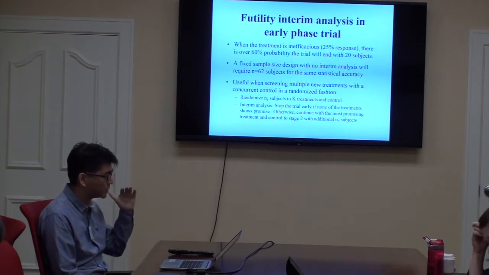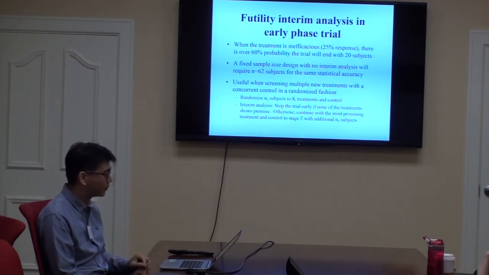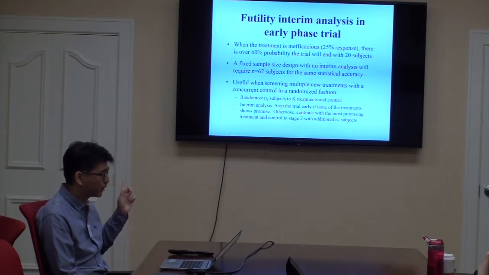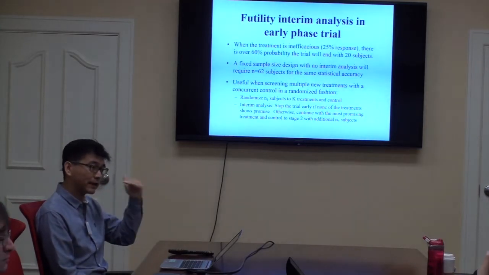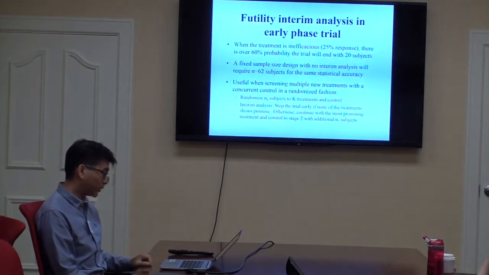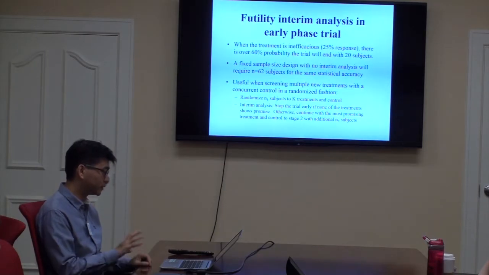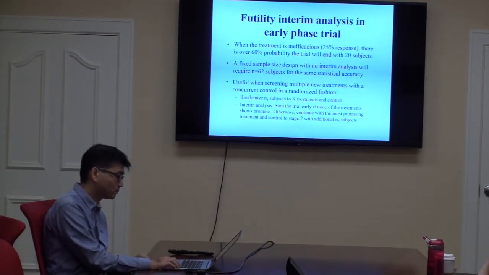But the idea is that you need to specify the stopping criteria and know the trade-off in the single arm study, but if you have multiple treatments, you can actually manage to reduce the maximum sample size as well as the average sample size. So this is very, very useful when you have multiple treatments. You definitely want to do futility analysis. So this is a no-brainer. Do it. Okay.